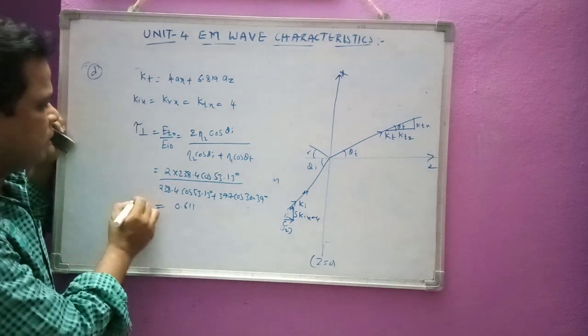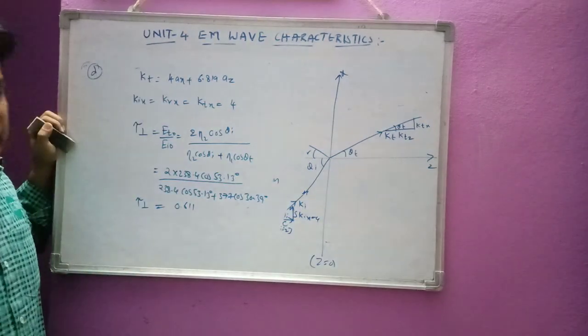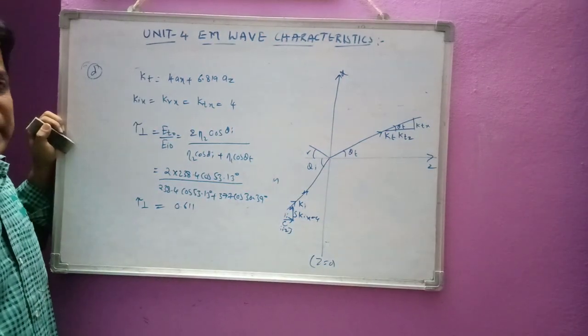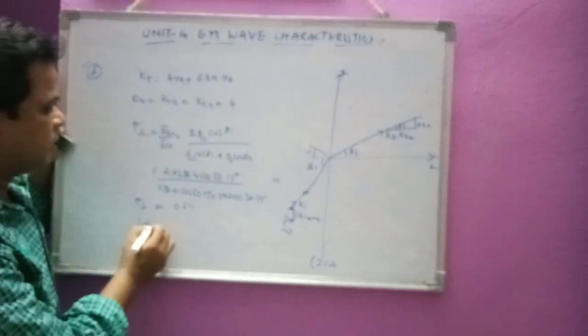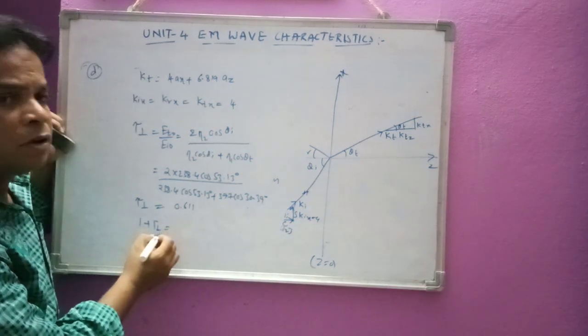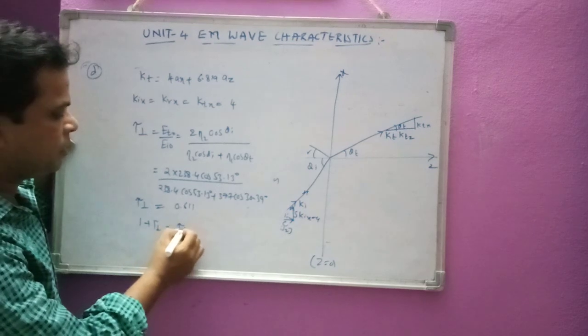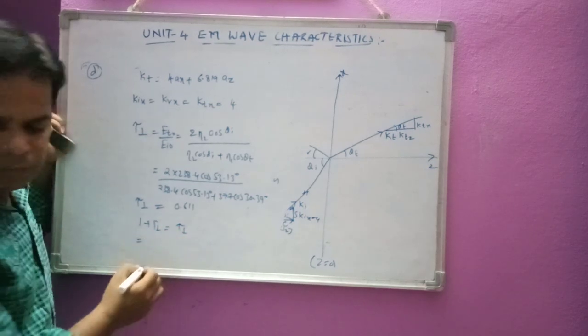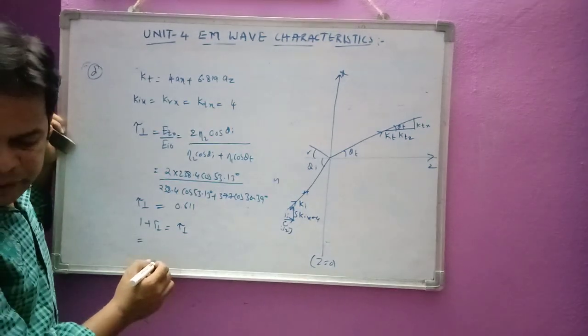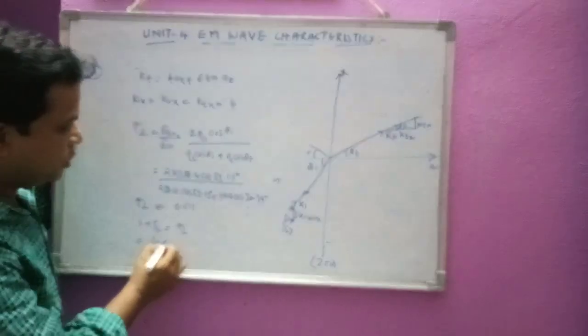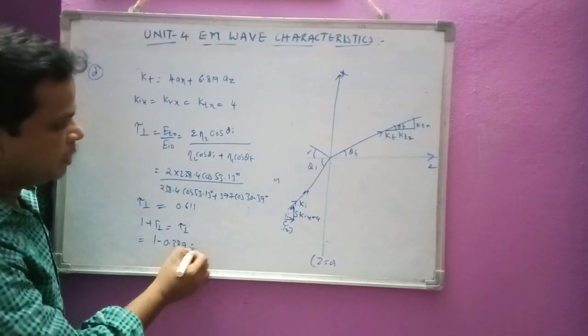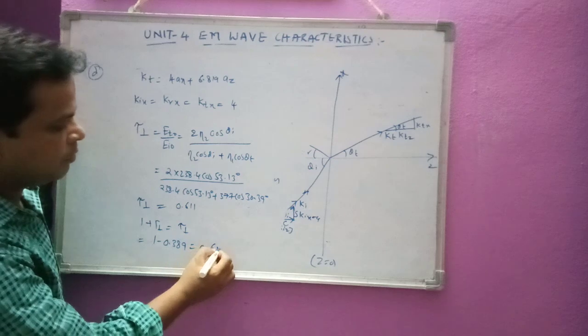Now we have to find the value of Et naught here. So you can check this tau perpendicular easily or verify by using the relation. We know that 1 plus gamma perpendicular, or 1 plus gamma, is equal to tau perpendicular, that is 1 plus 1 minus 0.389 will be equivalent to again 0.611.